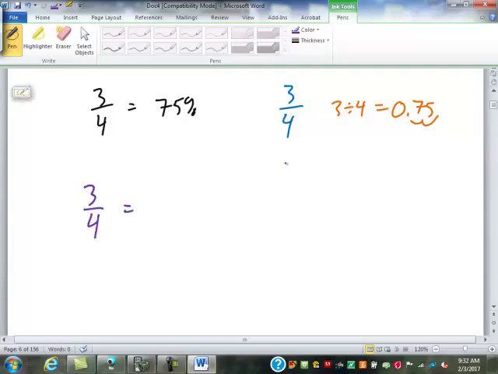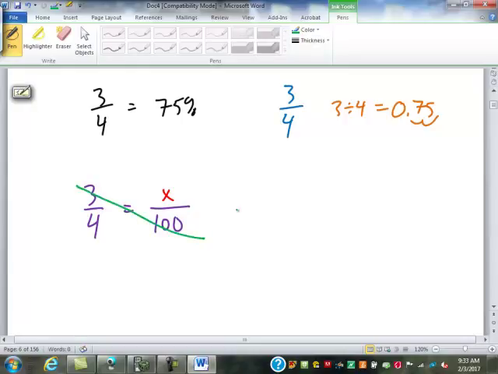We can look at 3/4 and think of it as 3 out of 4. A percent is always out of 100. If we want to find out what that number is, how much that is out of 100, we can do a process called cross multiplying.